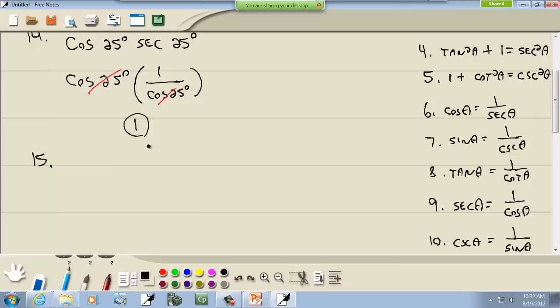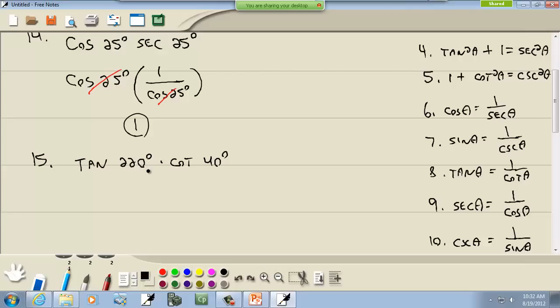Let's look at number 15. Tangent 220 degrees times cotangent of 40 degrees. There's two different ways you could work this, but the important part is before I even start looking for formulas, these angles have to be the same.